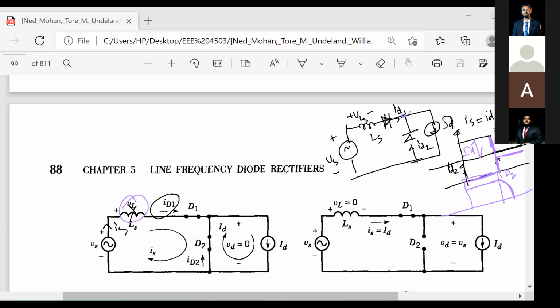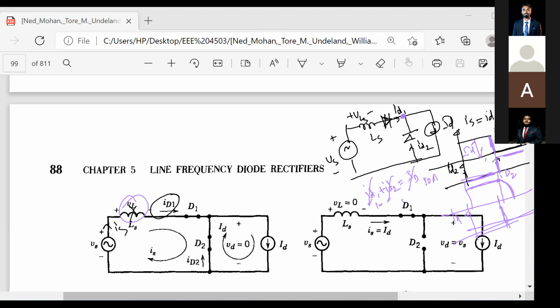So if I apply Kirchhoff current law, ID2 equals your capital ID. Suppose for the example it is 10 ampere. So when ID1 equals 10 ampere, ID2 must be equal to 0.